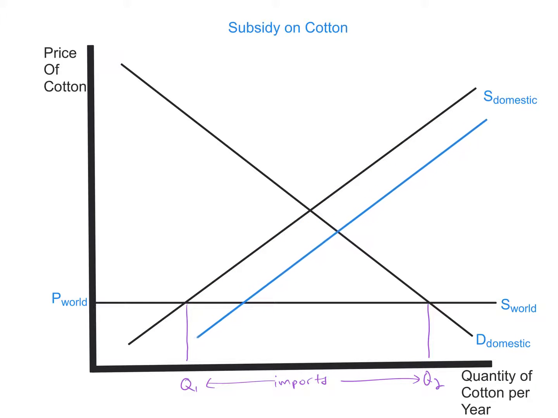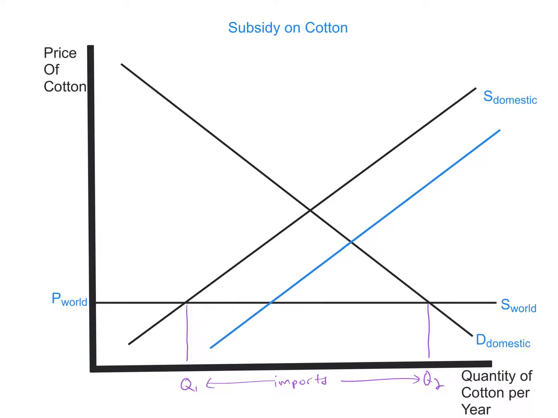A subsidy will effectively cause the domestic supply to shift to the right, and you can take a look back at microeconomics to understand why, but we'll also discuss why in a moment. Much like in microeconomics, the distance between the two curves is the amount of the subsidy, and that's going to be consistent through the course.